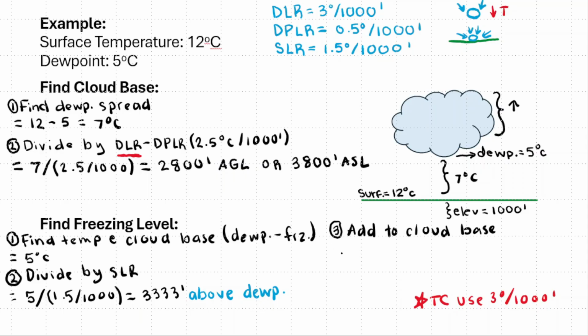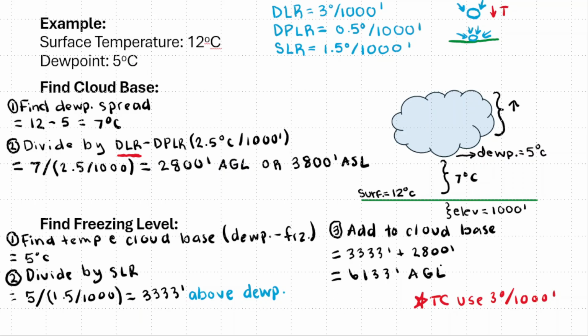Let's say we want to find our example in AGL. We would add 3,333 feet above the dew point to this 2,800 AGL here. And in this example, our freezing level is going to be 6,133 feet above ground level.